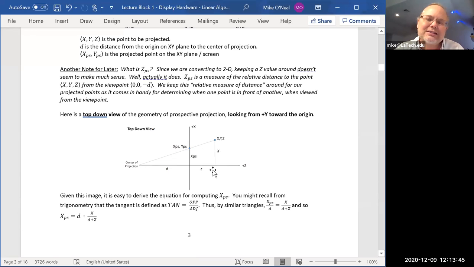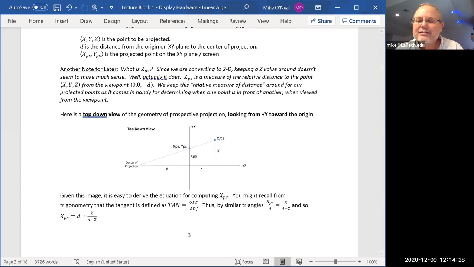So X over D plus Z has to give you exactly the same value as the projection of X onto this plane. This distance is X perspective projection over D. So that lets you figure out what this X perspective projection must be, because that relationship has to hold. So by tangent, X perspective projection over D must equal the original X over D plus Z. Well, a little bit of algebra, you multiply both sides by D, and you get, oh, X perspective projection is D times X over D plus Z. That's where it comes from.